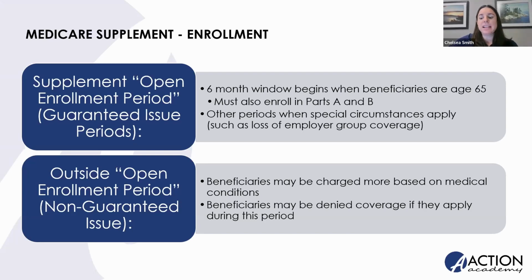They may also be denied coverage completely if applying outside of a guaranteed issue period. But if that beneficiary applies within the 6-month window that they get when they first are able to apply for it, they experience that guaranteed issue, and none of those factors will apply.